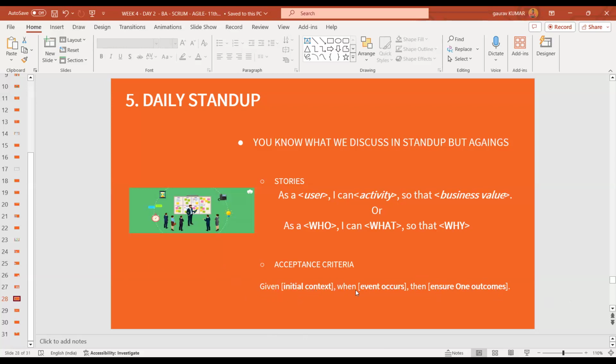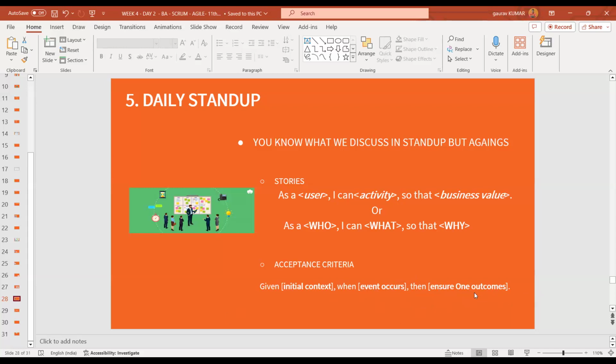Given a Fly Agile bronze member, when they are checking their miles, then they need to log in, in a similar context. They need to get authenticated.